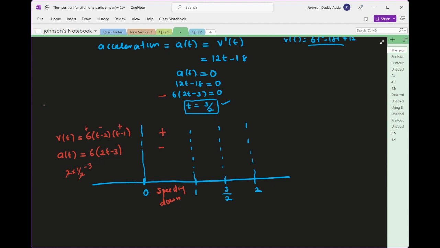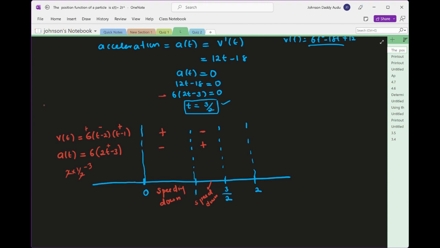So you have positive, negative, positive, so the velocity will be negative. Then same 1.2, 2 times 1.2 is definitely less than 3, so this is going to be negative. You can see here the velocity is negative, the acceleration is negative. So same sign.